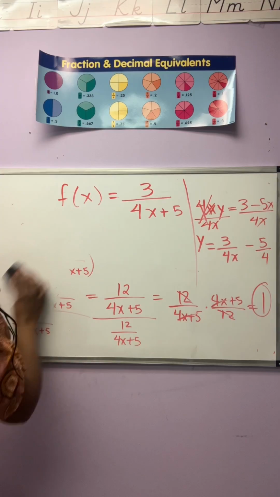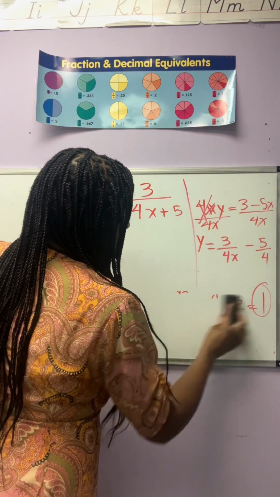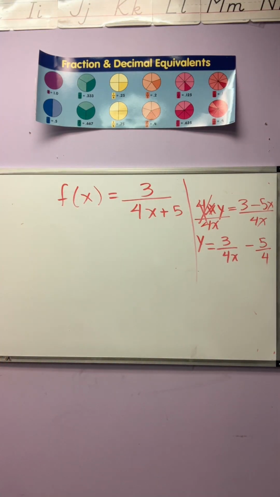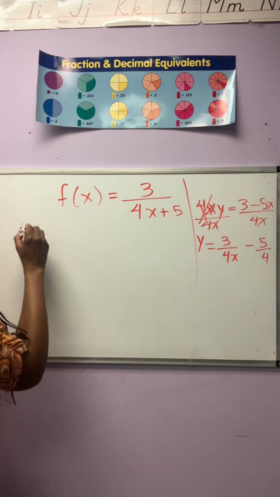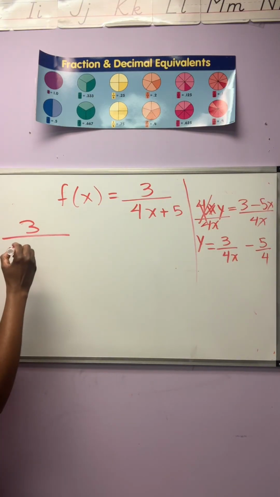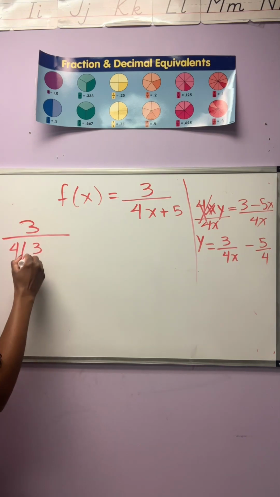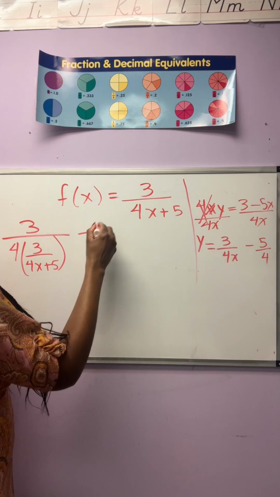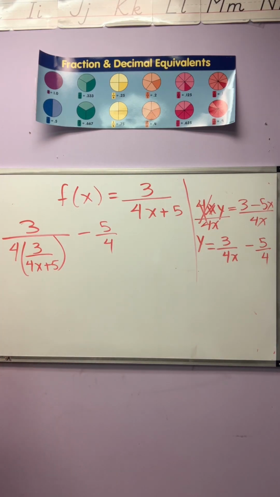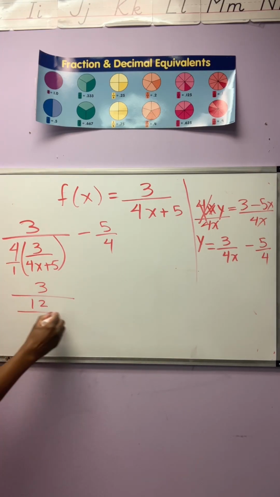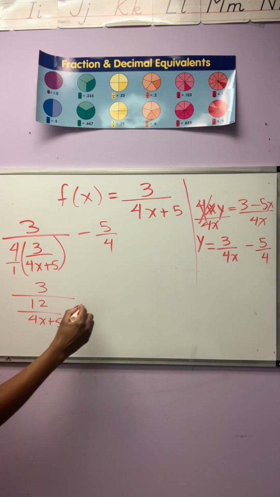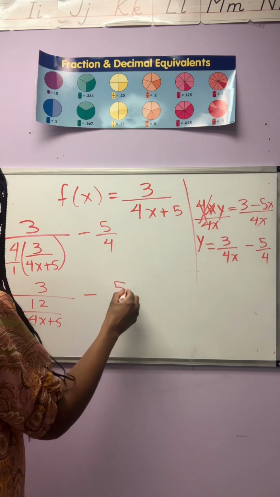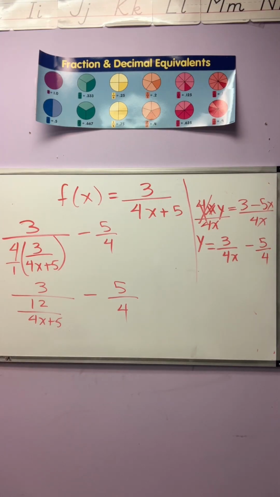Let's try it with the bottom one and see what that would give us, because normally when it's an inverse, it gives us an x. So let's see. Okay, so this one we have 3, and then we have 12 over 4x plus 5 minus 5 over 4.